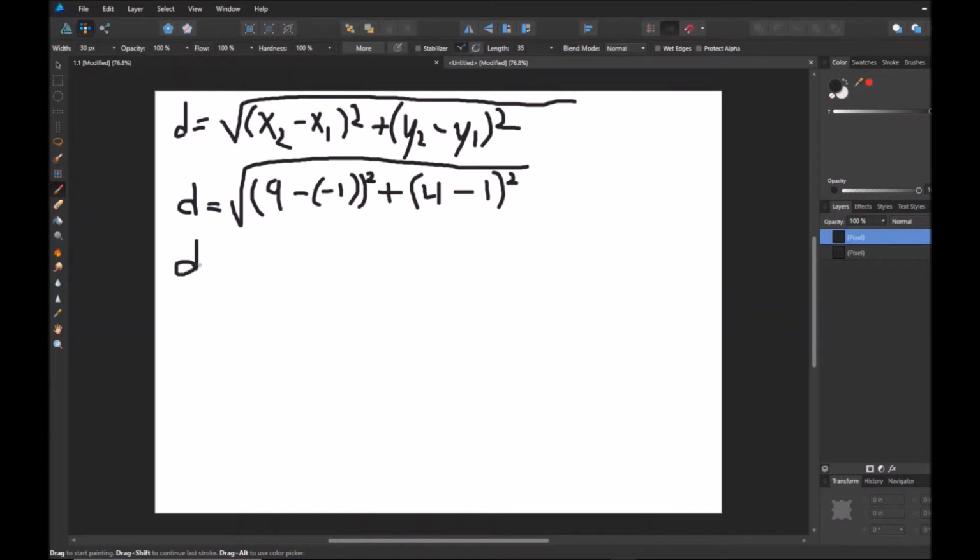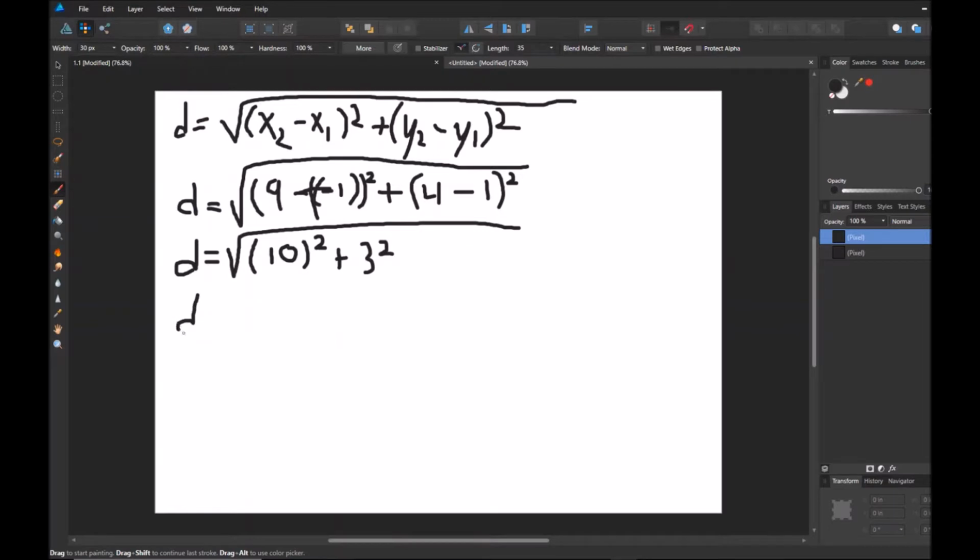So d equals 9 minus negative 1, which is the same thing as saying 9 plus 1. So 9 plus 1 is 10. So we're going to write 10 squared. And then 4 minus 1 is 3. So that's going to be 3 squared.